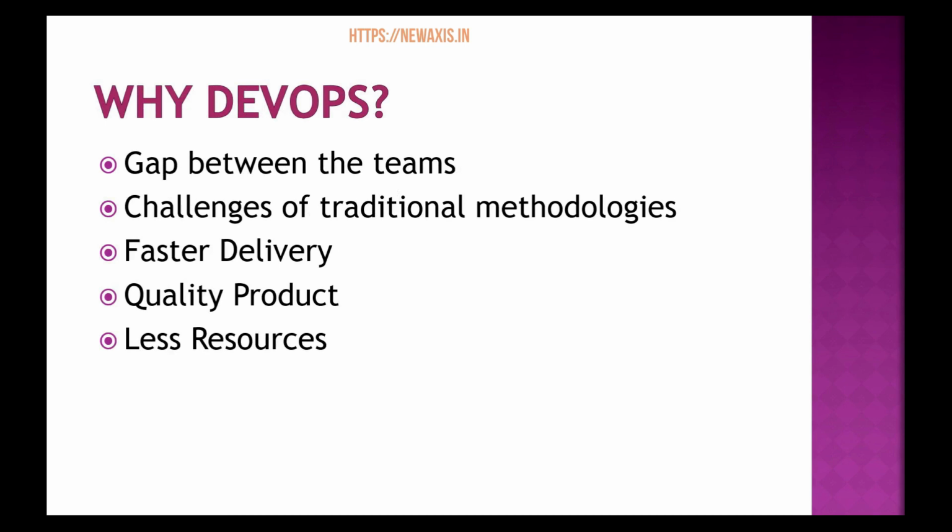So it can overcome the gap between the teams, it can overcome the challenges of all the traditional methodologies like waterfall and Agile, and it can help you achieve faster delivery and qualitative products with fewer resources and less cost. That's what organizations are looking for. So that's why DevOps came in. How this can be implemented and what exactly it is doing, let's look into this now.